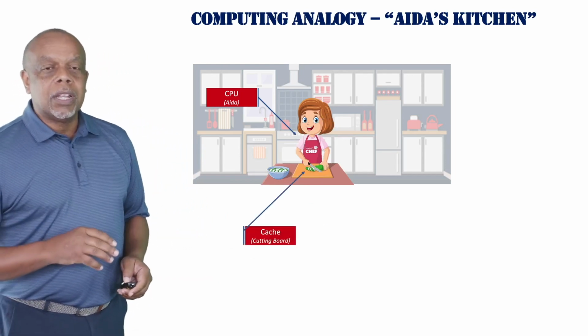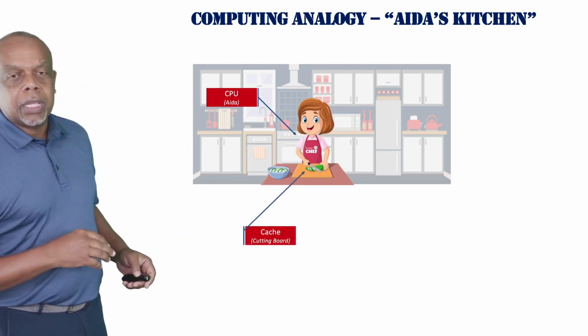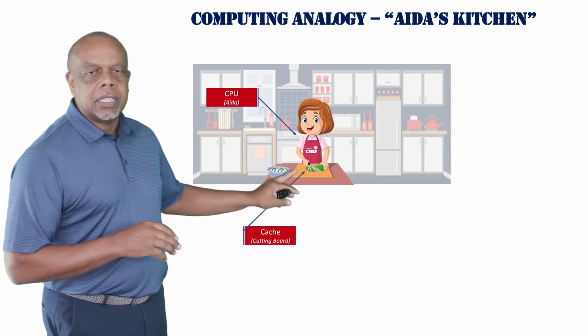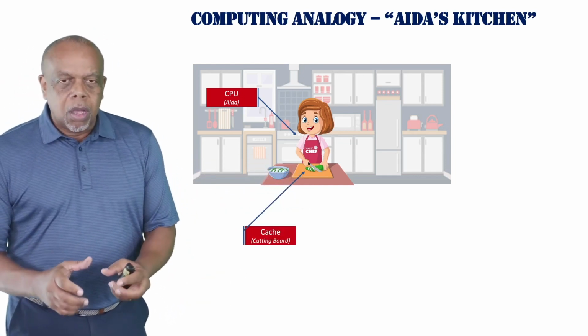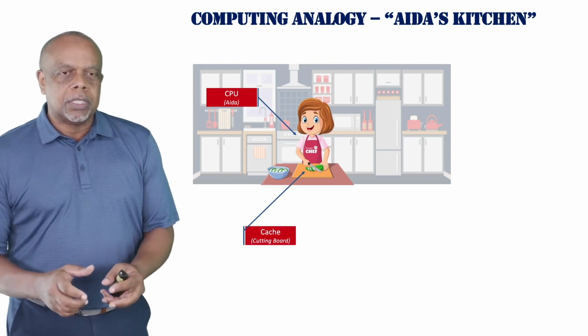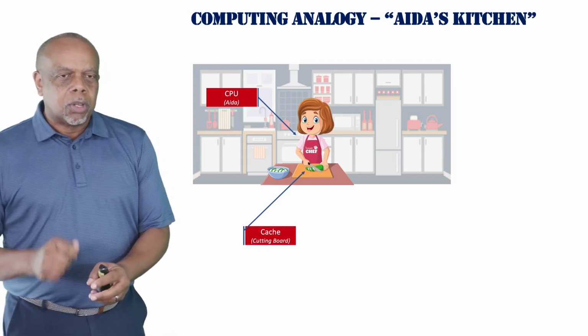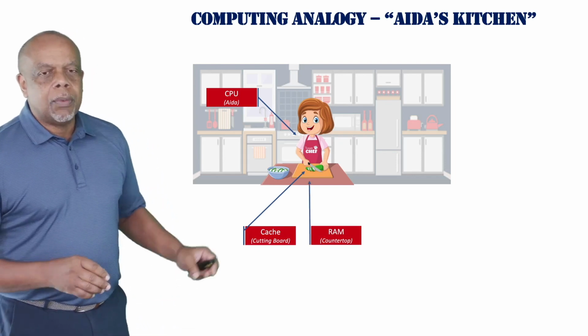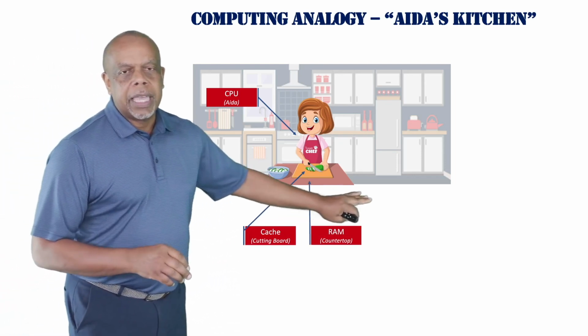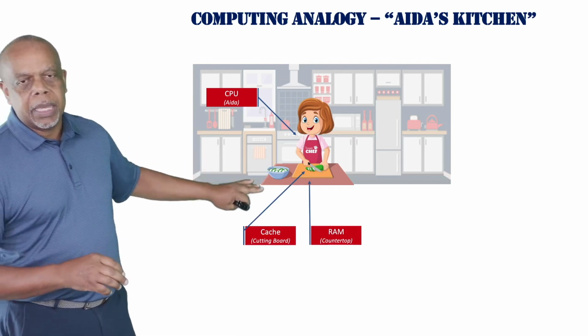So, when we look at her kitchen, she has a cutting board. That cutting board really is analogous to cache, meaning that those are the vegetable components right there really close to her, so she can cut them really fast. That's what the cache is. Now we look at her countertop. Her countertop is like RAM, okay?